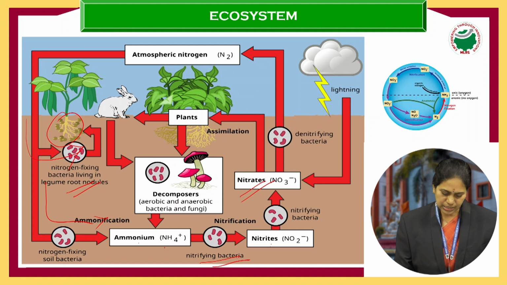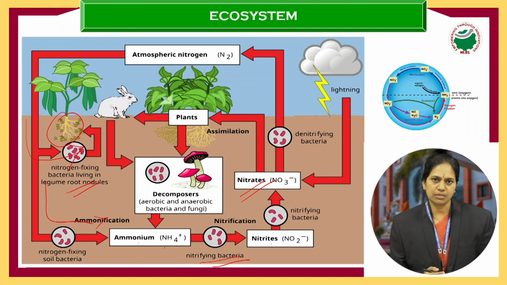Due to these three steps, nitrogen is absorbed by the root nodules. In the root nodules, the microscopic organisms, the bacteria, convert all this and make it easy for the plant to absorb nitrogen in the form of nitrates. So those nitrates are absorbed by the plant, and it helps in the production of proteins.